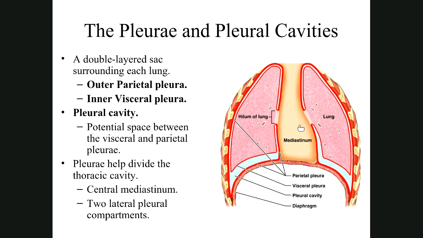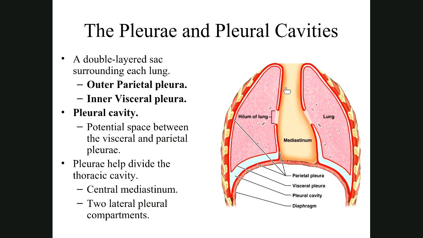See here, where the mediastinum is present. The mediastinum is present in between the two lungs. That area is called mediastinum. Okay, and two lateral pleural compartments. So these are the two pleural compartments where the lungs are present.